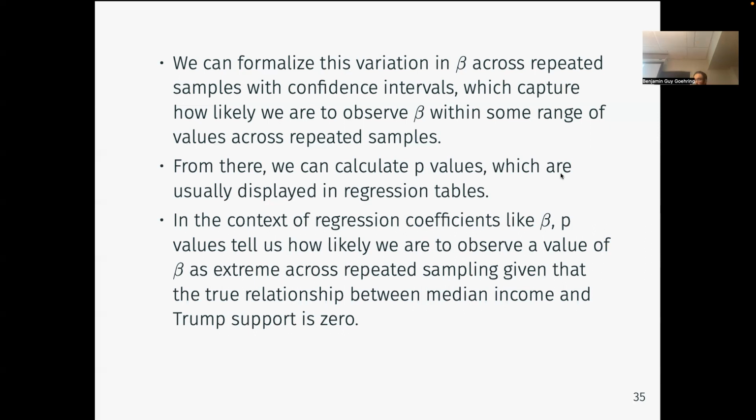Let's say that the actual, in reality, the slope of beta is 0. Our p-value is telling us how likely we are to observe a value of -2.52, given that in reality, the value of beta is 0.